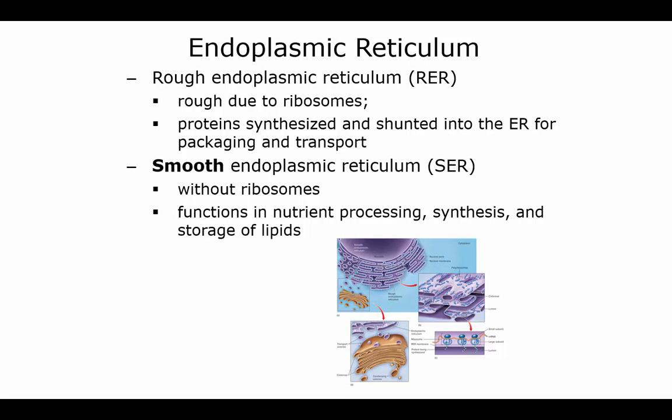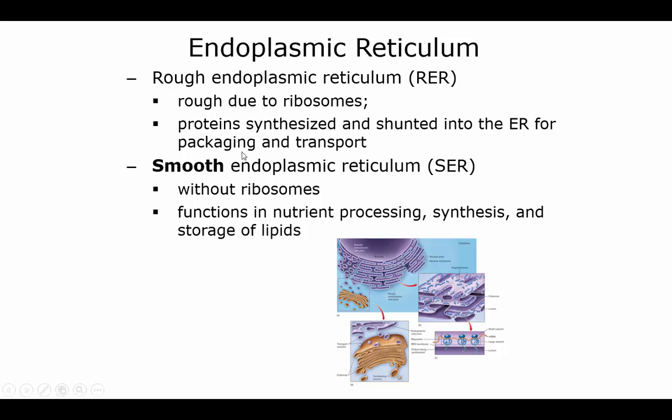Now, looking at the endoplasmic reticulum, we have rough ER and smooth ER. Endoplasmic reticulum is a double membrane, and a lot of things move through this double membrane. So a lot of times we describe it as being for transportation.